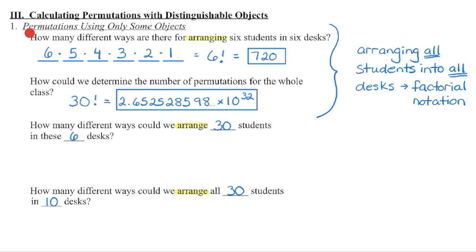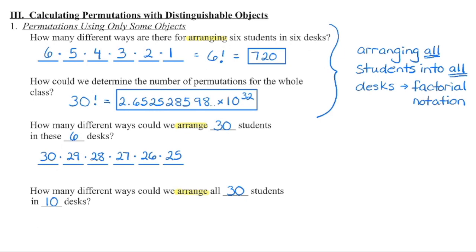Now let's combine these 2 scenarios and say we have 30 students in our class, but we're only going to put 6 students into those desks. Well, we can begin by drawing out our 6 desks, and if we have 30 students, we have 30 possibilities as to who can go into that first position. And then we're going to have one less possibility for the second desk, and so on.